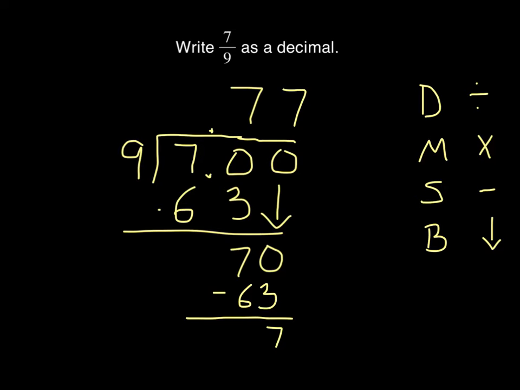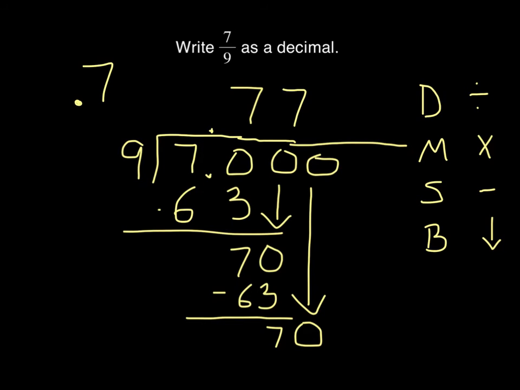And that leaves me with 7. And again, I can't do remainders because I'm looking for a decimal. So I bring down that, and now I can see my pattern. I'm back to 70. So I see that this 7 is just going to keep repeating. So my answer for this would be 0.7 repeating, and I use that bar notation, so there would be my answer.